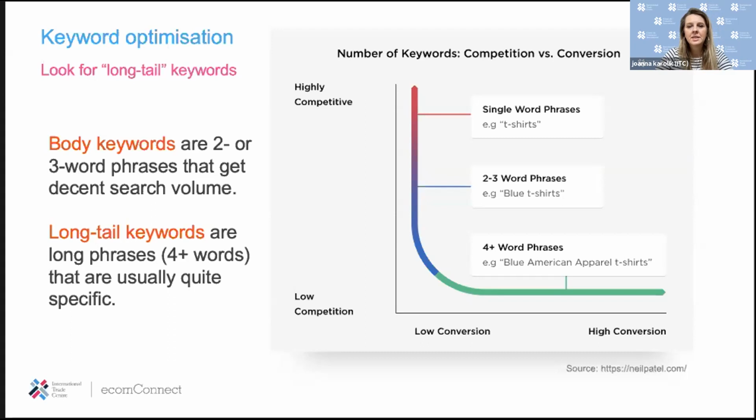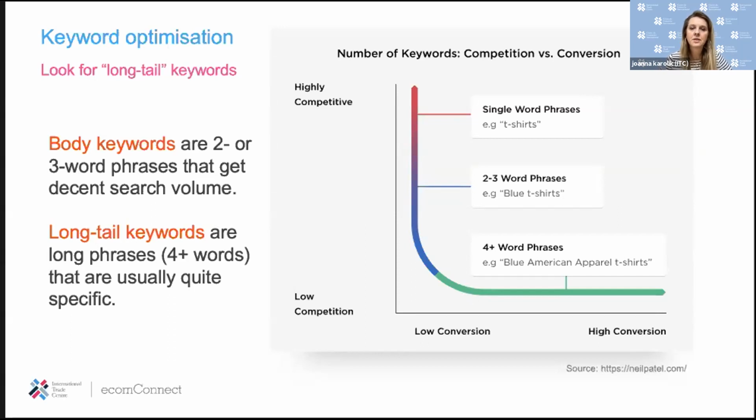So as you can see here on the image, you can see the competition versus conversion depending on the type of keyword you will use. If you have a single word phrase, like for example t-shirts, it's highly competitive. It will be very hard for you to rank your website based on that. So you need to develop those keywords. Then when you have something like blue t-shirts, it's getting better.